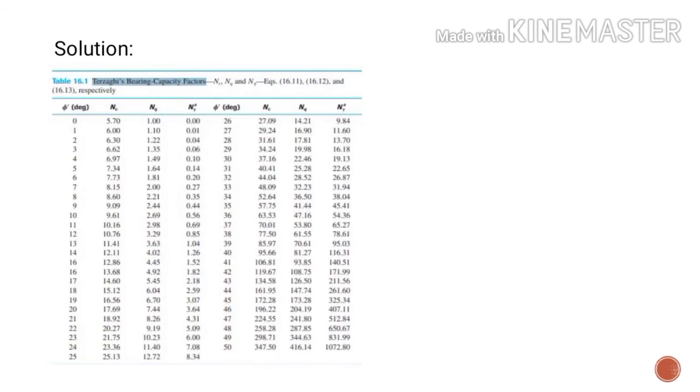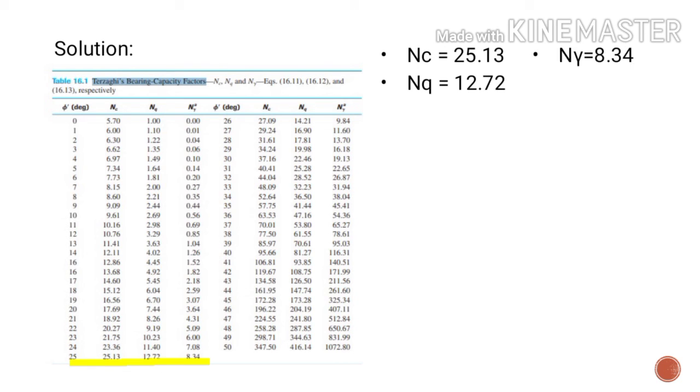We also first identify the values of the capacity factors. Since we have 25 degrees as our angle of internal friction, we have N sub C 25.13, N sub Q 12.72, and N sub gamma 8.34.